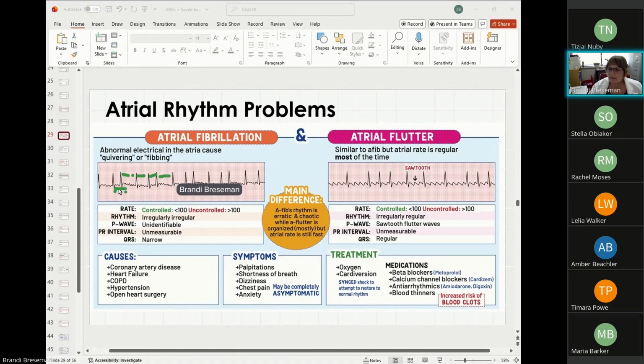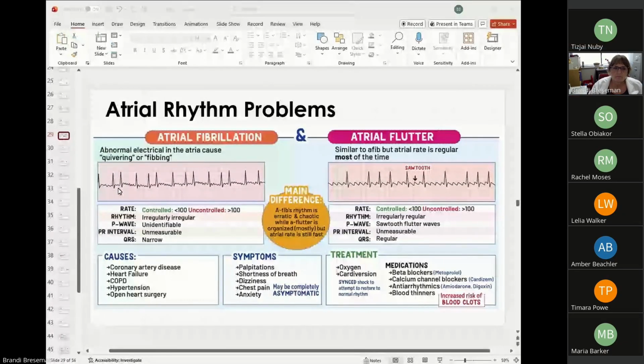You can see the difference, right? There's no regular rhythm there. Okay, so that is my biggest clue that I have an atrial dysrhythmia.